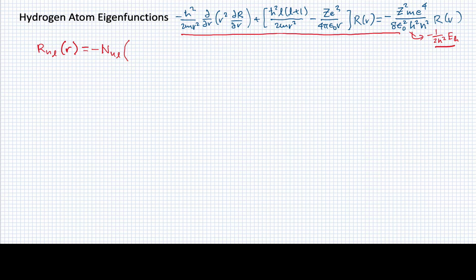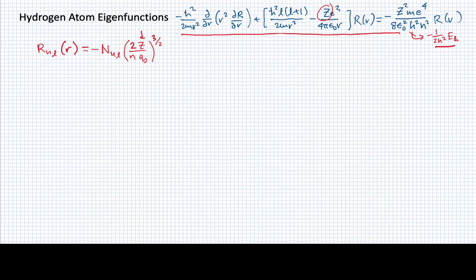Another piece of the normalization constant is given here, and I'm going to write it as 2Z over n times a0, where once again this a0 is the Bohr radius, and this is raised to the 3/2. Now what is this Z here? Well, I've inserted it over here as well, and you'll notice it's part of the Coulomb interaction.